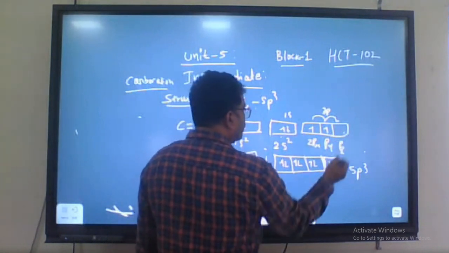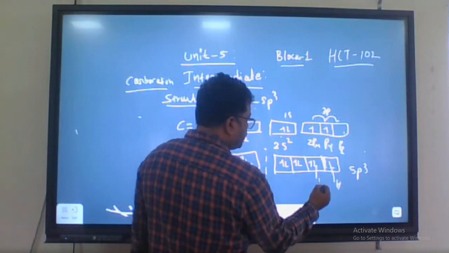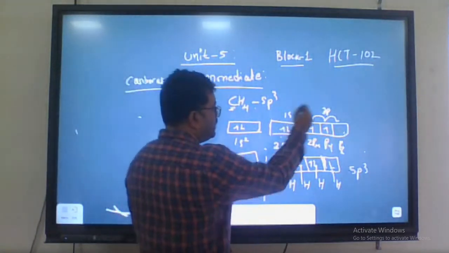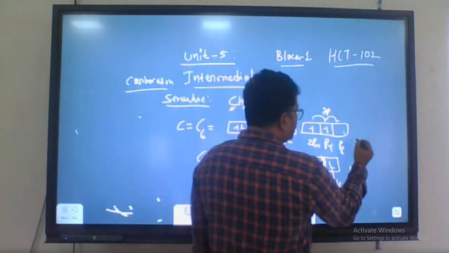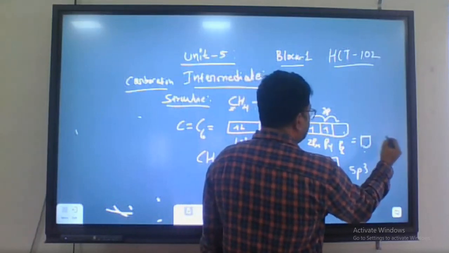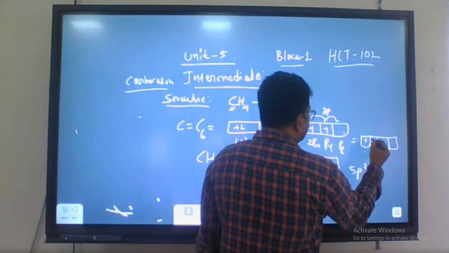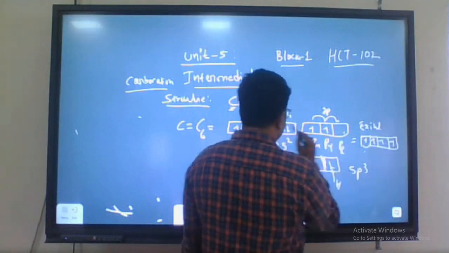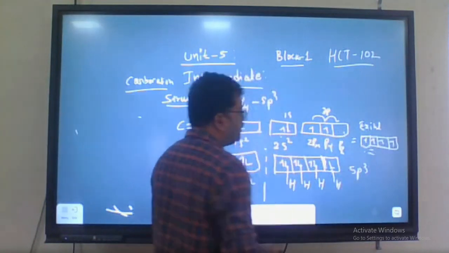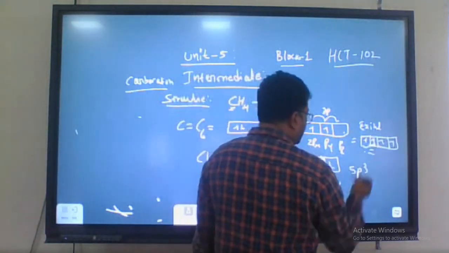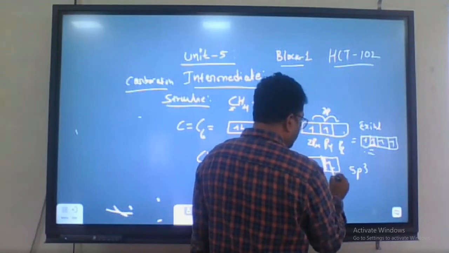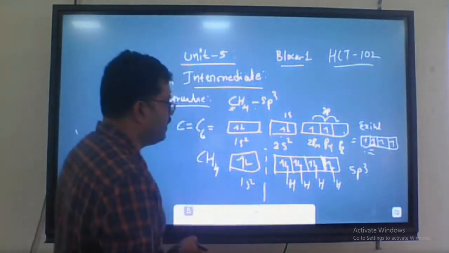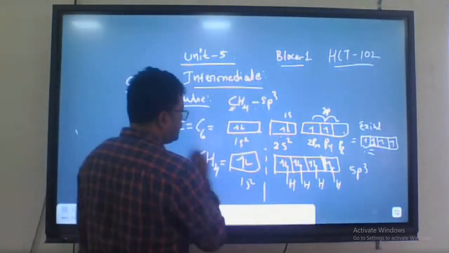Next step, one electron each goes into H, and this is H. One electron shifts, excitation. These 4 electrons, one from each hydrogen. So this is called sp3 hybrid.